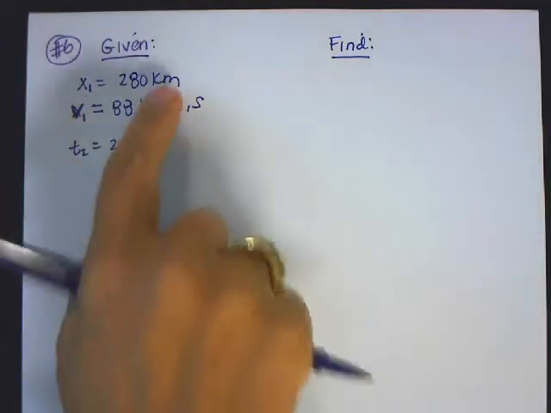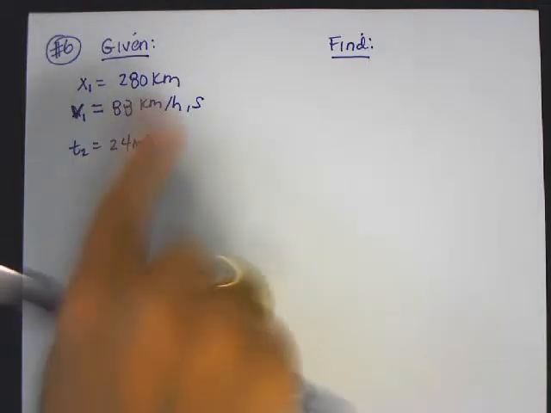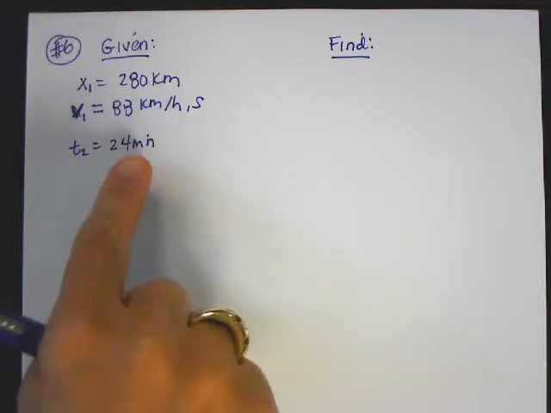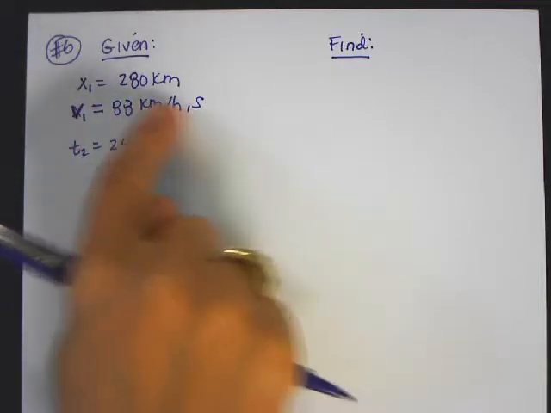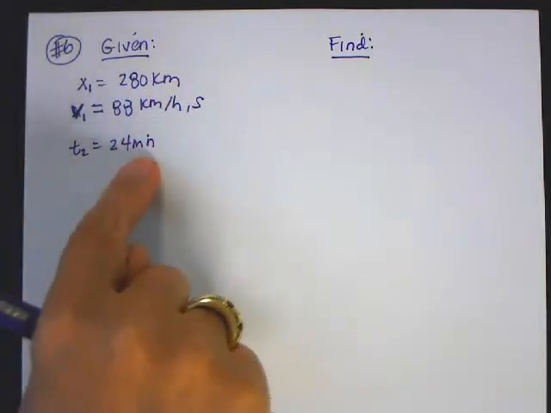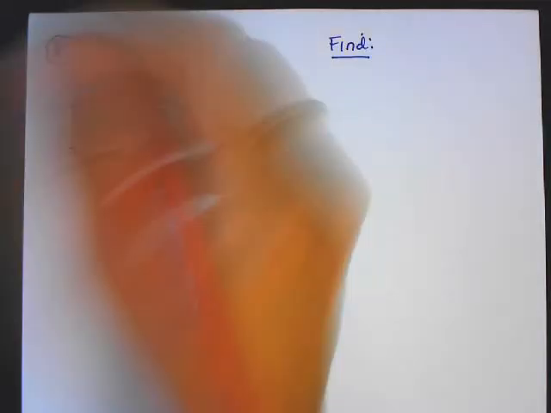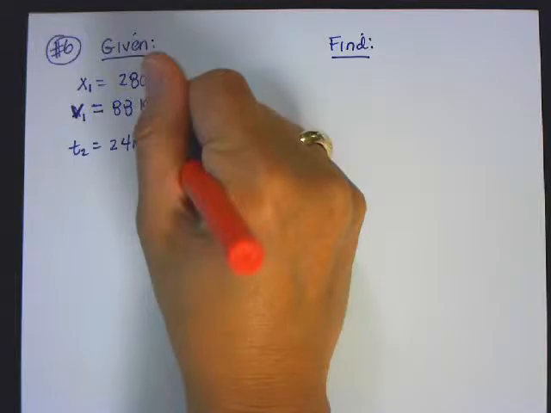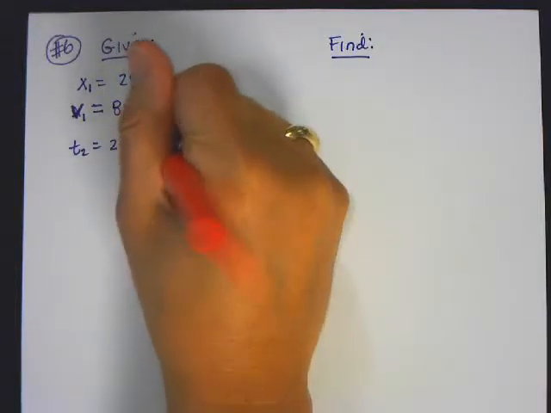Now right away I'm going to see this is kilometers, and this is kilometers per hour, and this is minutes. I always want my units to be the same. So even though my standard units are meters and seconds, if I look at the answers here, because these are kilometers per hour and kilometers, this probably needs to be changed to also hours. So if minutes is in the numerator, I'm going to put it in the denominator, and from minutes to hour, 1 hour is 60 minutes.